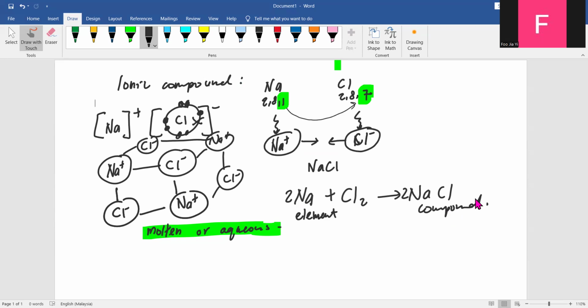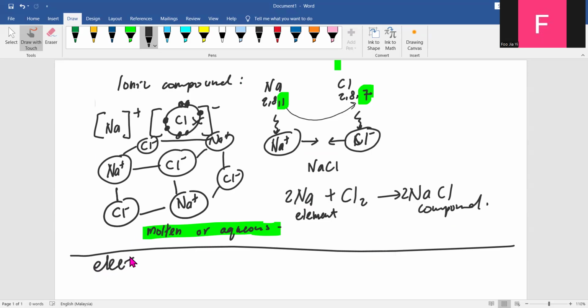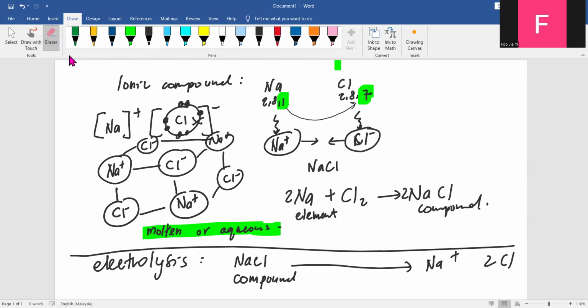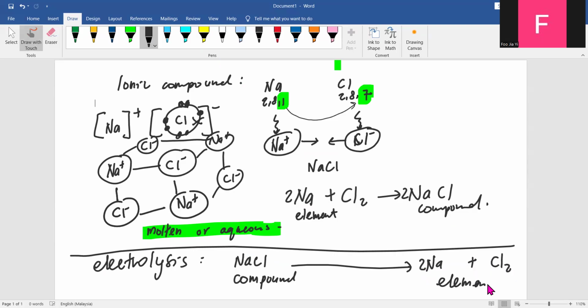Electrolysis is the reverse: the compound changes back to element. Now, do you think this is easy to do? No. So that's why we need electricity.